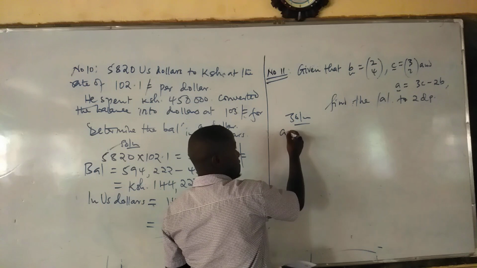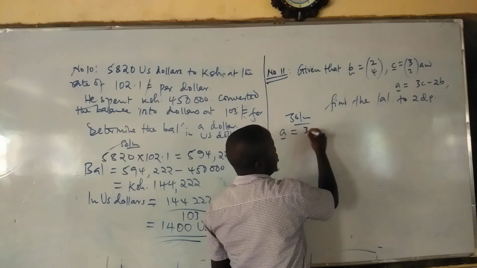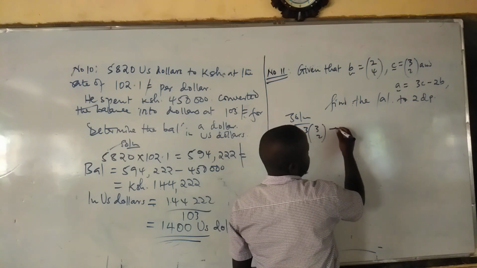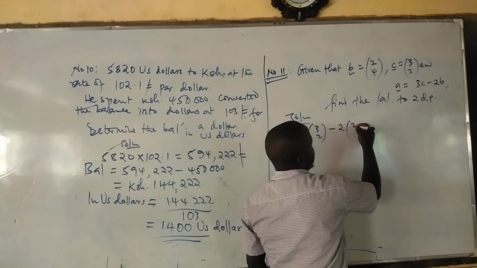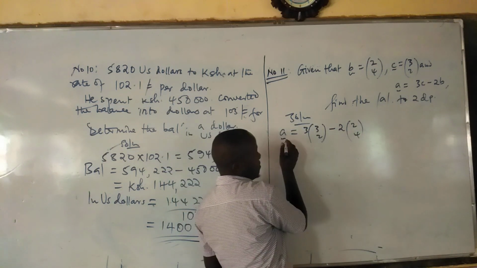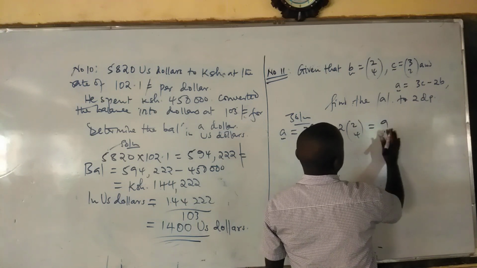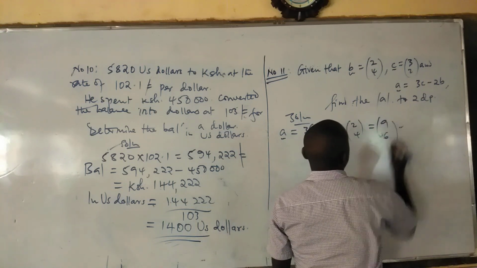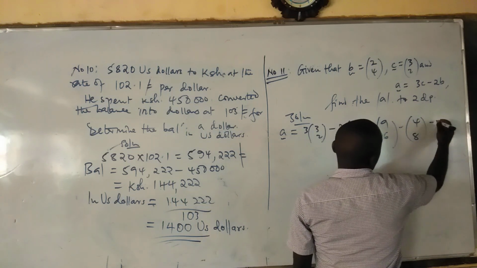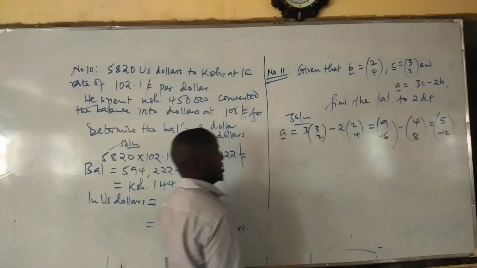We know that vector A is being given by 3C, where C is (3, 2), minus 2 vector B, which is (2, 4). Therefore, vector A will be (9, 6) minus (4, 8), which will be (5, -2).